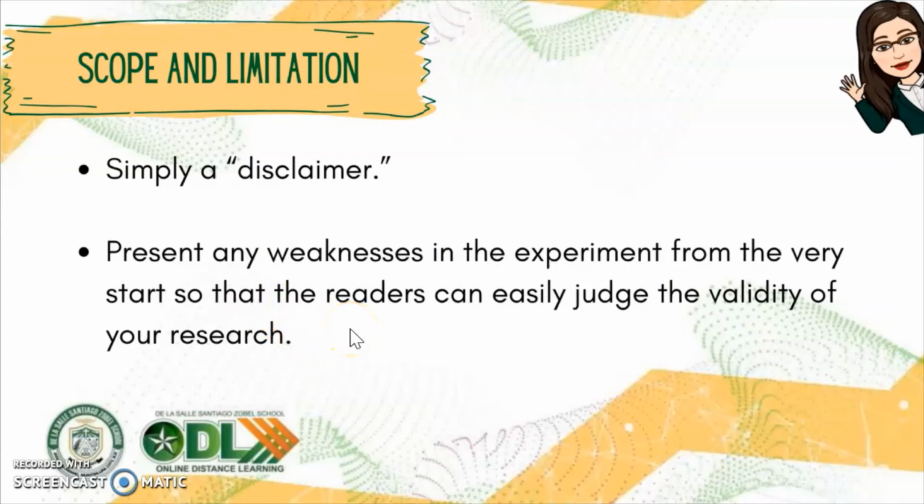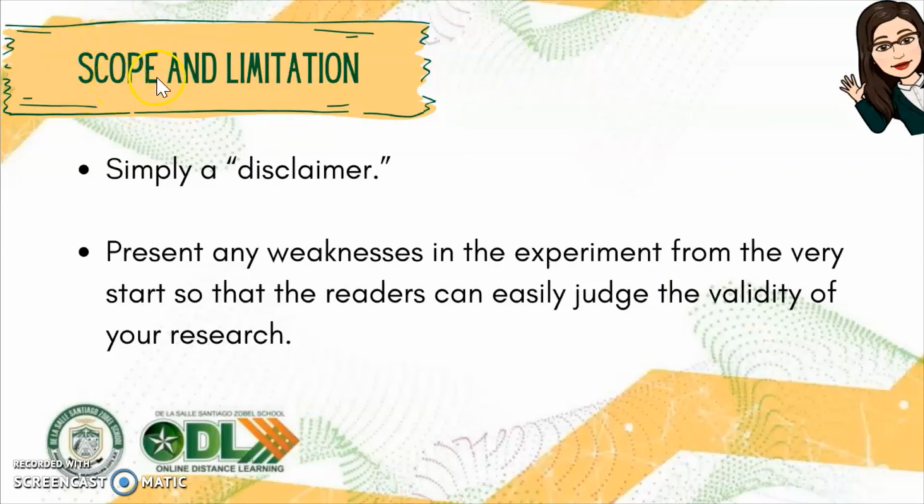While it is true that you have to claim your limitations as researchers, this one actually tackles the limits when it comes to the variables, okay? And even to the implementation of a particular program, okay? Scope, meaning how do you define your variables. So if your variable is, say for example, academic achievement, how do you define it?